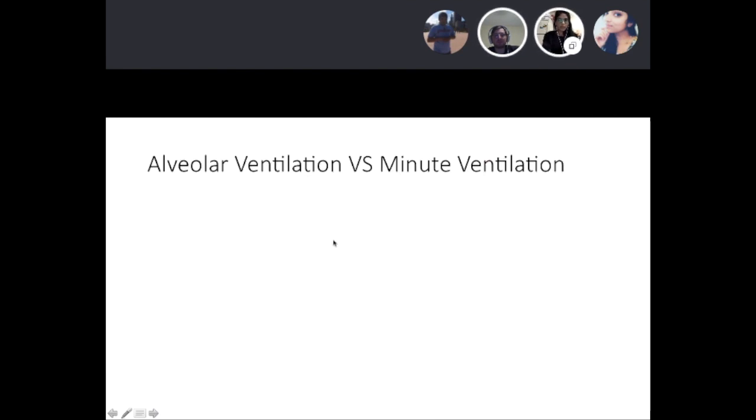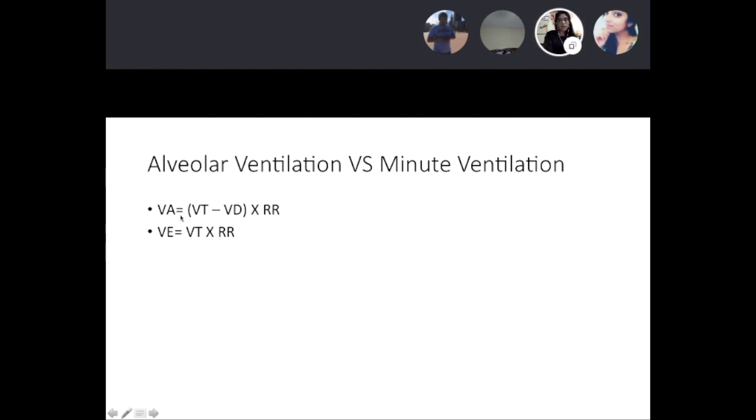Alrighty, so alveolar ventilation versus minute ventilation. Alveolar ventilation is the volume of gas that reaches the alveoli each minute. As you see, the equation here is the tidal volume minus the dead space times the respiratory rate. On the other hand, minute ventilation is the total volume of gas entering the lungs per minute.